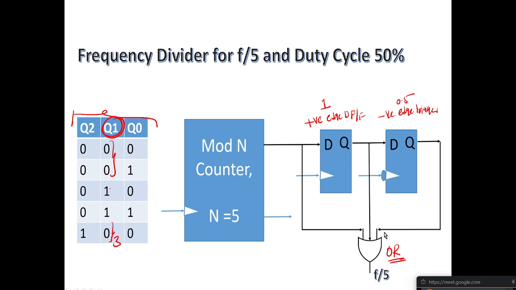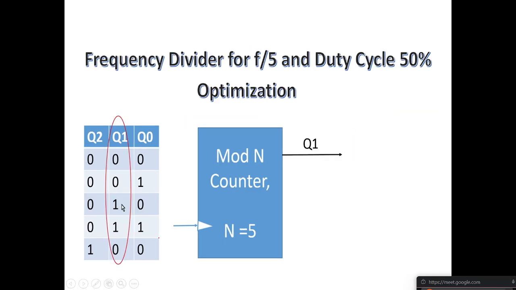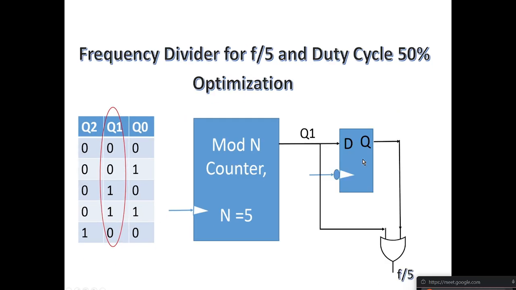Three clock cycles. And this is on for 2. So I need to alter the frequency by how much? 0.5 and 0.5. So here we need to optimize. For this, you need to use Q1, and you are using only one negative edge trigger D flip flop. Is it fine? Did you understand? Understood, sir.